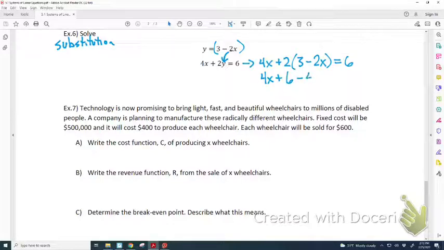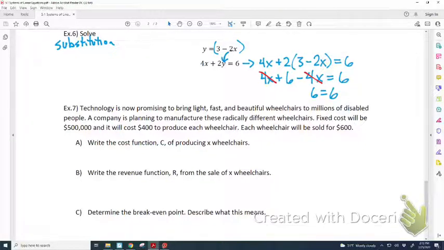And another weird thing happens. What happens to my x's? 4 minus 4, that's 0. I end up with just 6 equals 6, which is true.